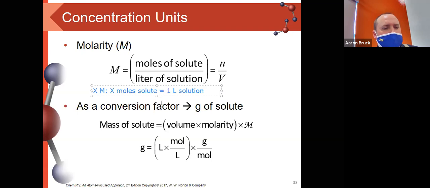And so this allows us to do things like this conversion factor, where I can find how much mass I need based upon how much solution at what concentration I need to make. Molarity times volume in liters will give me moles of solute. If I have that moles of solute, I can convert it into grams the same way I convert everything in grams from moles, by multiplying by the molar mass.